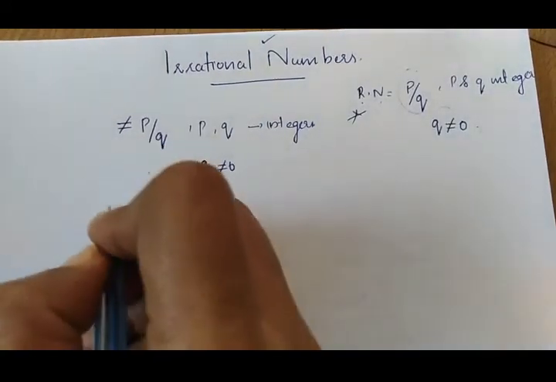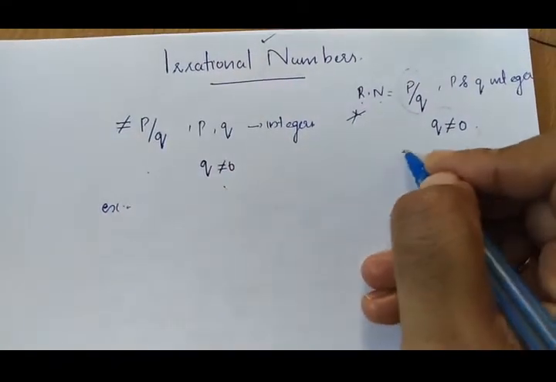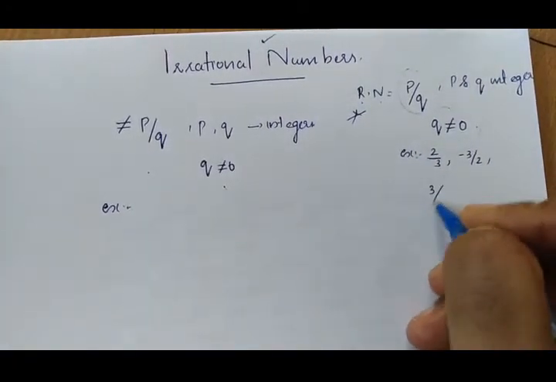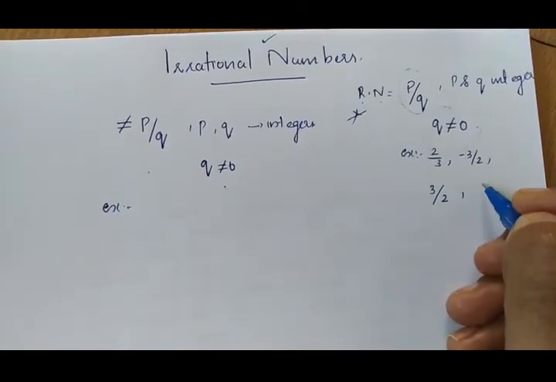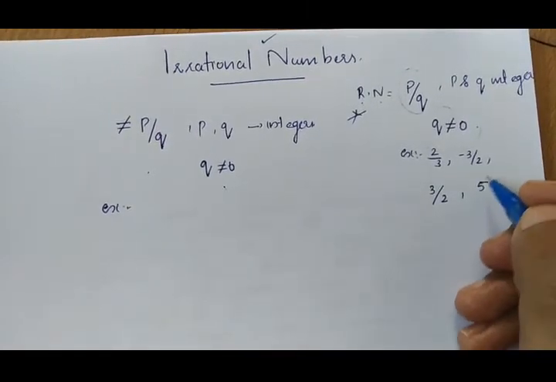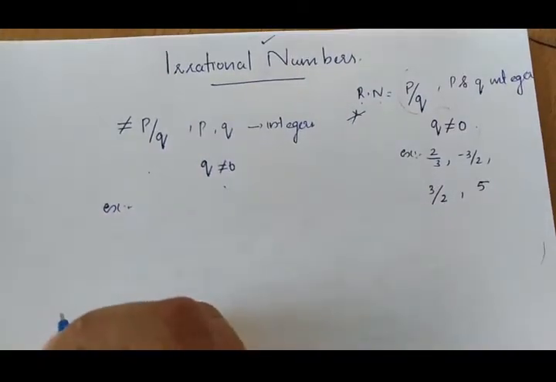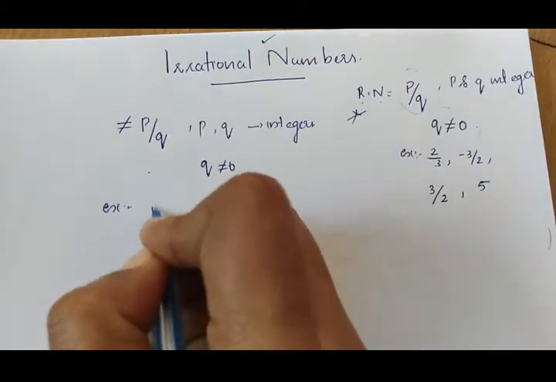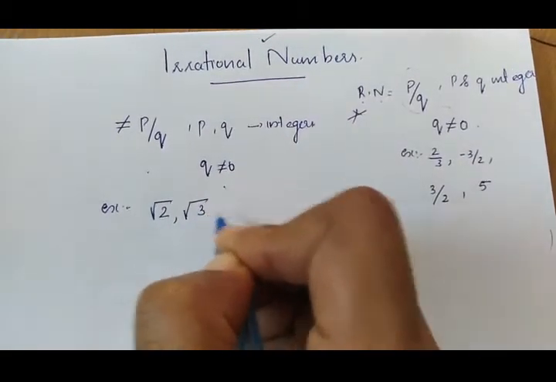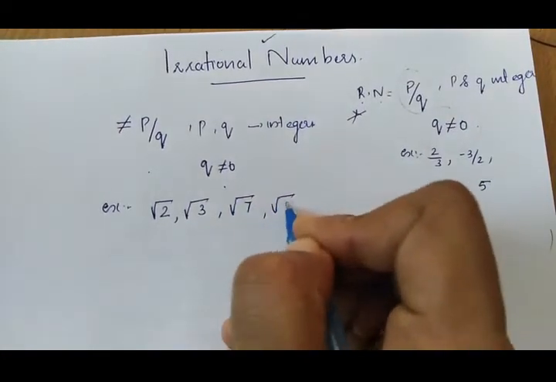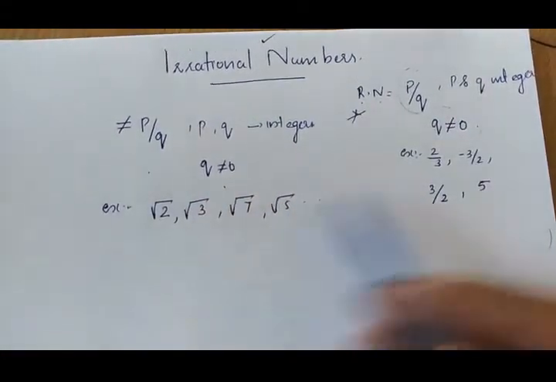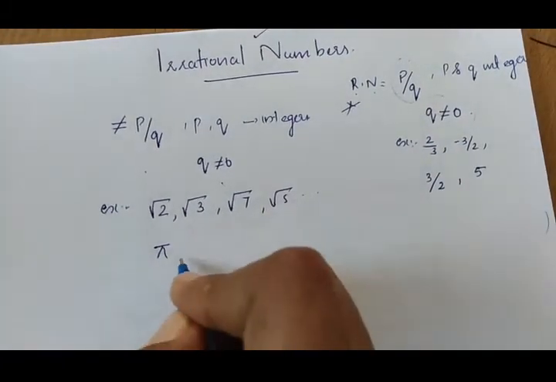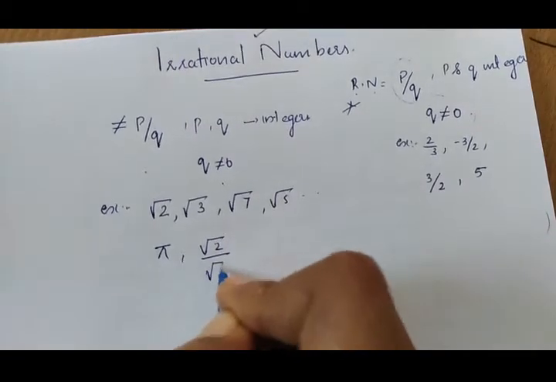We can write examples. What is an example for a rational number? For rational numbers: 2 by 3, minus 3 by 2, 3 by 2, then simply 5, where the denominator is 1, etc. For an irrational number, we can't represent it as P by Q. So the examples are root 2, root 3, root 7 or root 5, etc. We can't represent these numbers in the form of P by Q. Another example is root 2 divided by root 3.